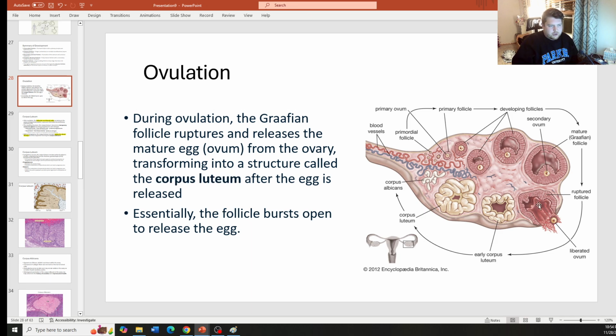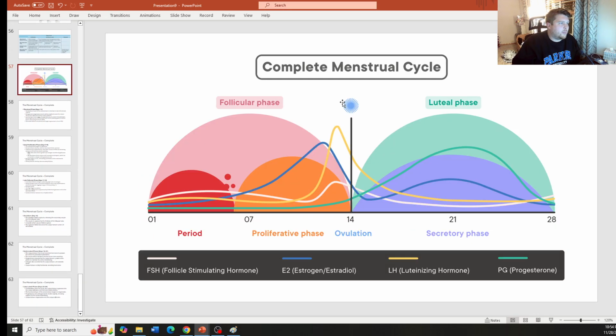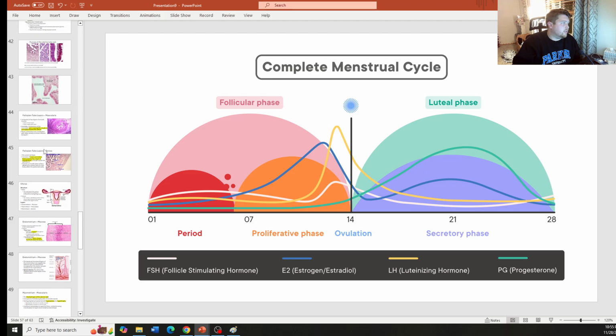So the whole follicle is going to burst, release the egg, and then it turns into the corpus luteum, which is why within the menstrual cycle we have a follicular phase and then a luteal phase. The follicular phase is when the follicle is all growing, and then once ovulation happens, we enter a phase called the luteal phase.